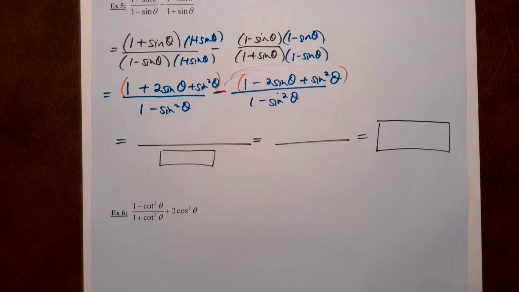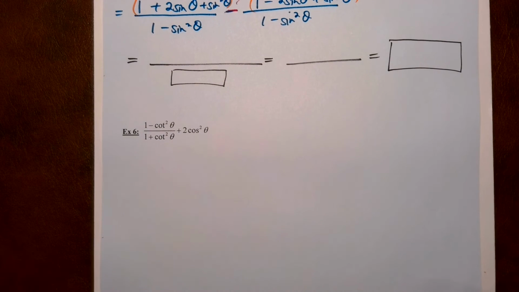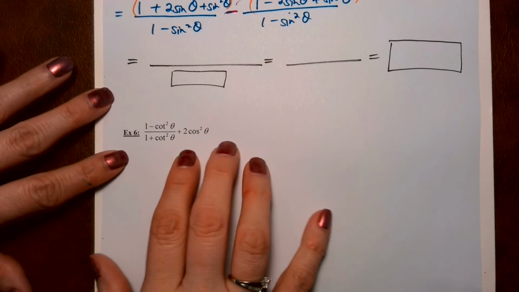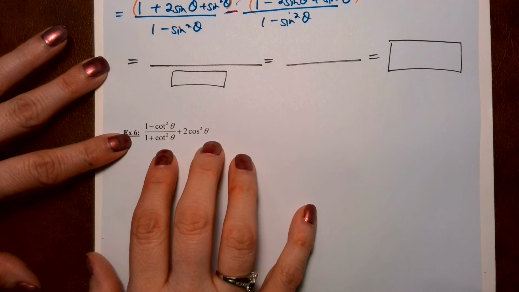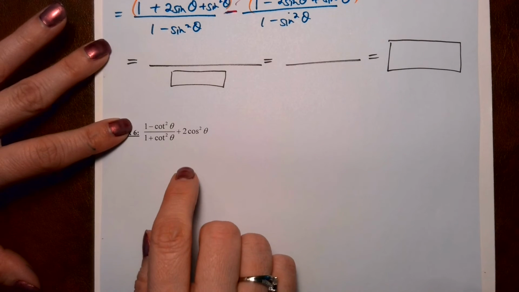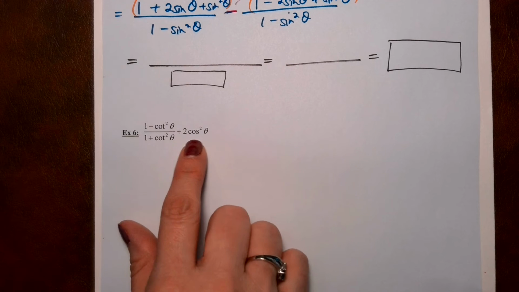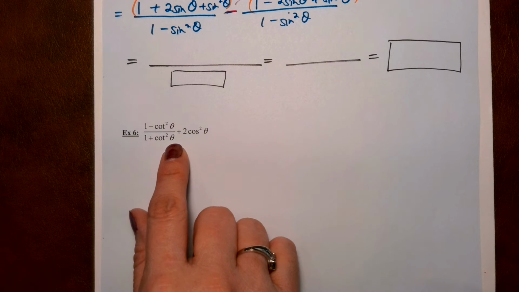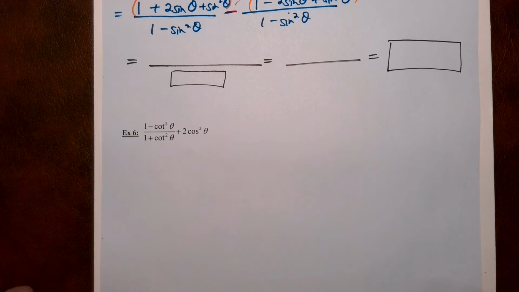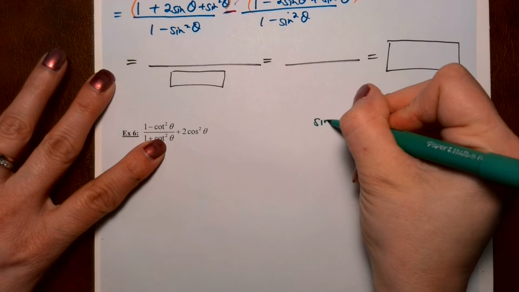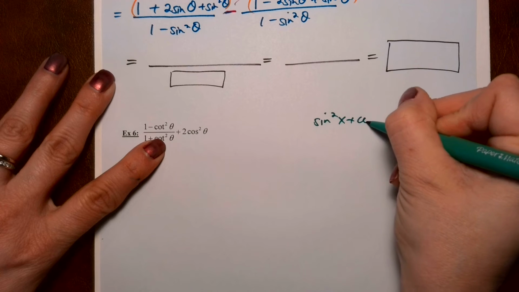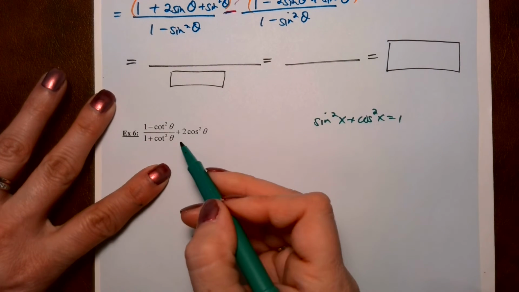Okay, let's see what you can get for this last one here. We don't have an answer. We have to work with this. Okay, so we have, wow, a huge fraction plus some more. Now there are lots of squares, so it might be helpful to reference those Pythagorean identities. The first one that I know is sine squared of x plus cosine squared of x equals 1.